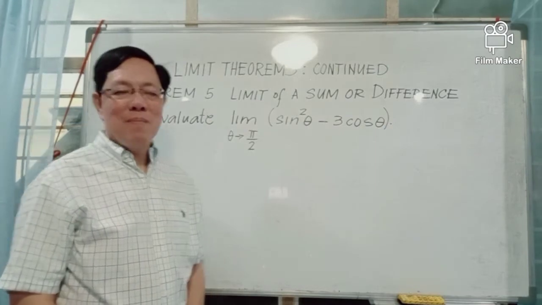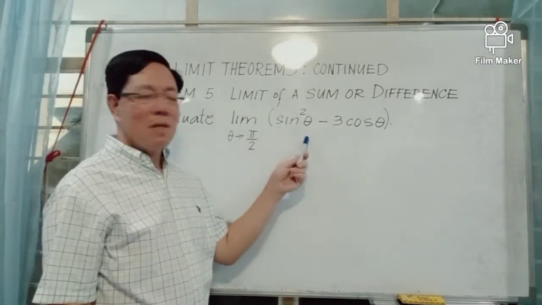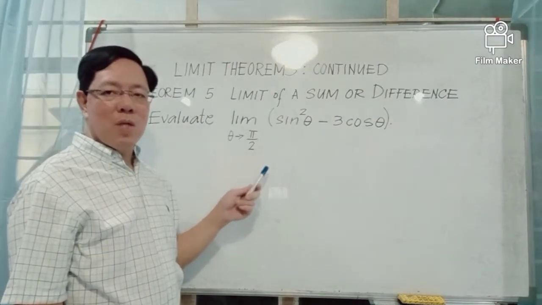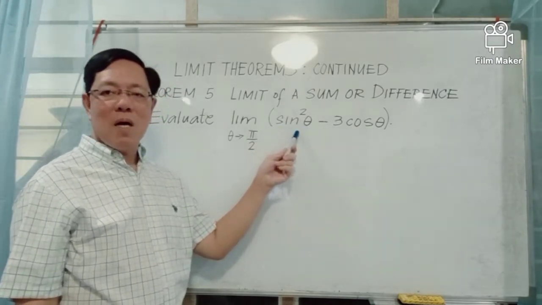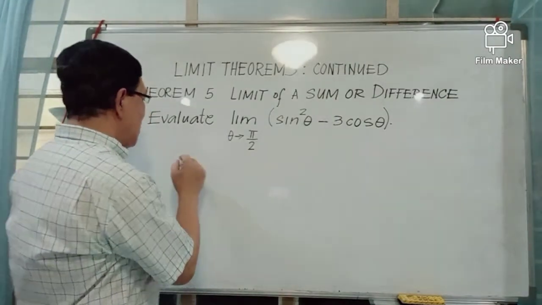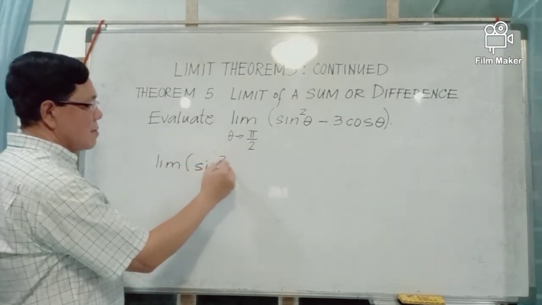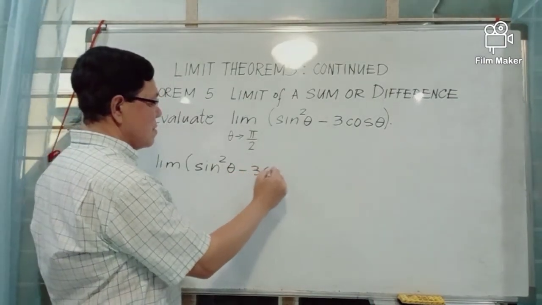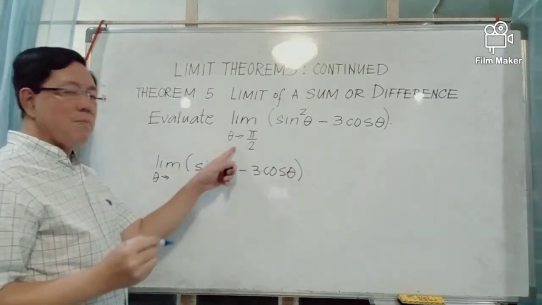Consider the following problem. Evaluate the limit of sine squared theta minus 3 cosine theta as theta approaches pi over 2. The first term of this expression, sine squared theta, is the same as the square of sine theta. So you may rewrite this limit of sine squared theta minus 3 cosine theta as theta approaches pi over 2.